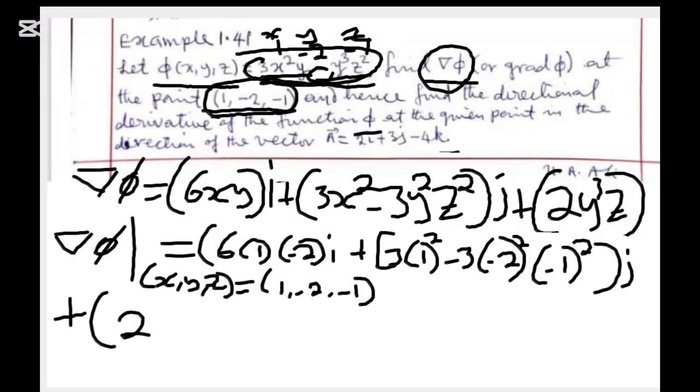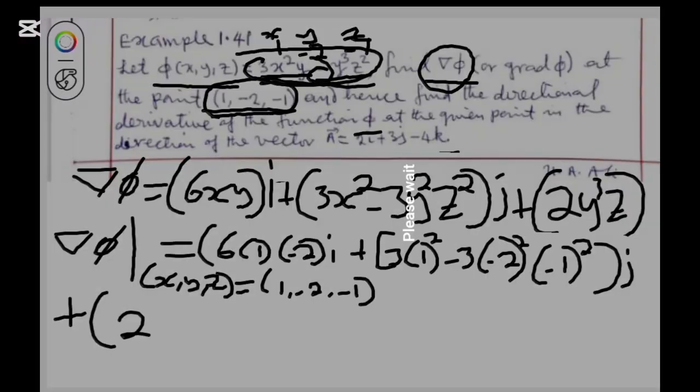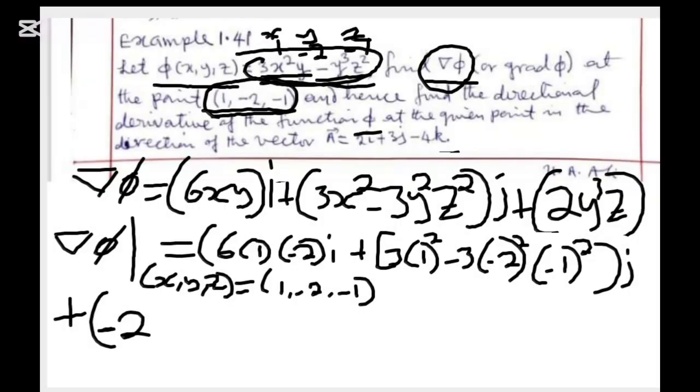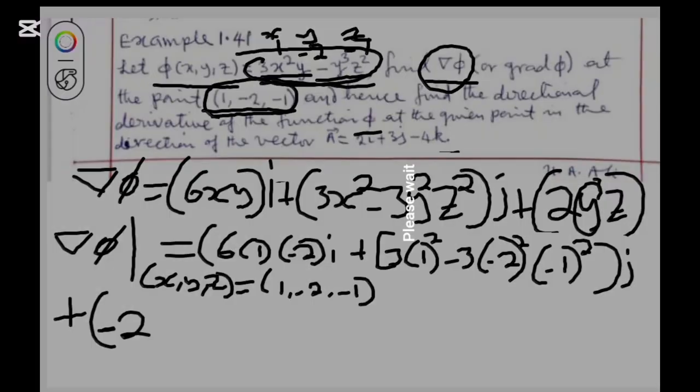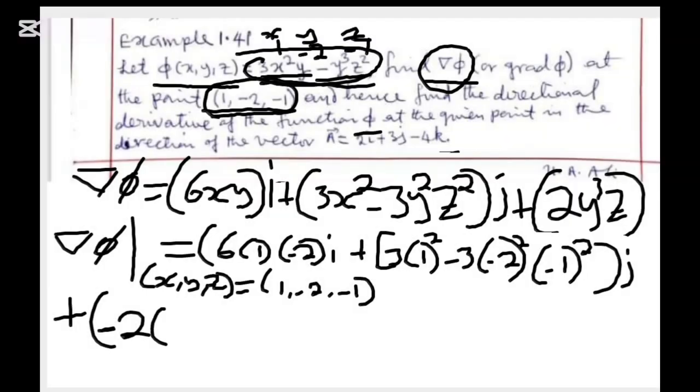But we forgot to put the negative sign. So I have to put negative here. And also I will continue. I have the value of y, which is -2, but I have 3. And then I have z, which is -1. So I have k.